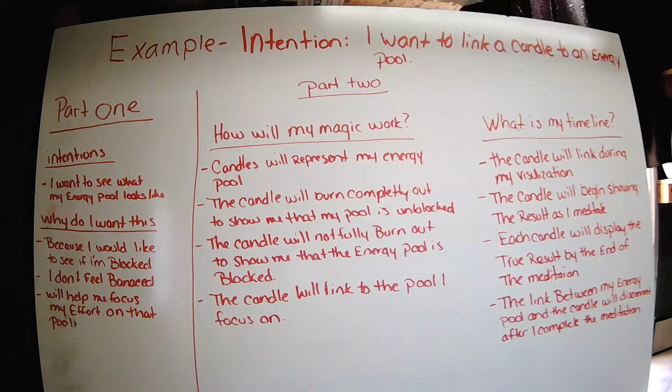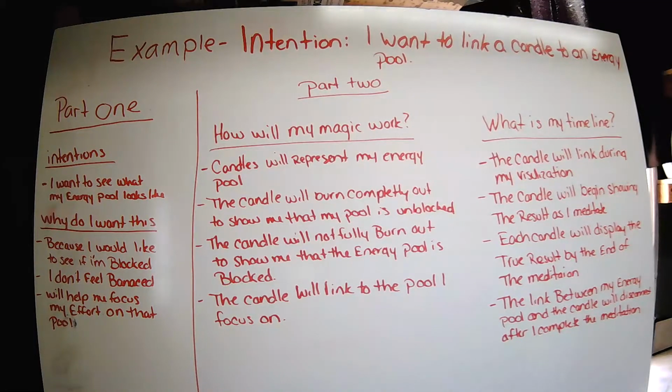The main goal for this chakra class was to teach people how to use candle magic to identify whether or not their chakra pools were blocked or unblocked. It's a basic tool to help you expand on specific energy pools. It'll help you identify which one's blocked and which one's not, leaving you able to focus your intentions on your blocked pools.